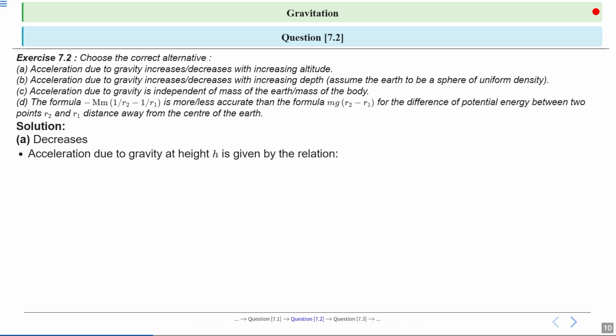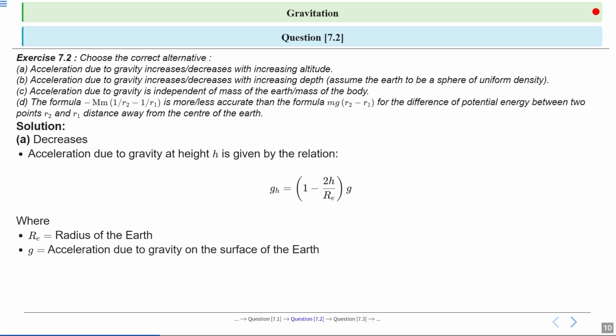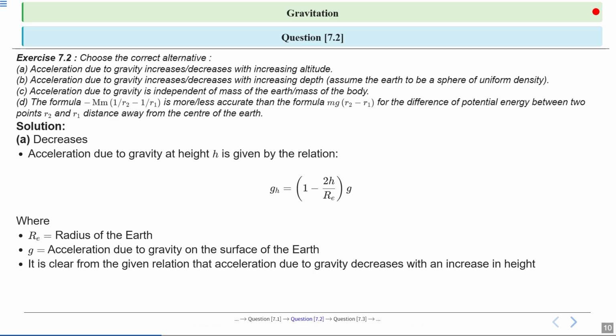Acceleration due to gravity at height h is given by the relation gh = (1 - 2h/Re) g, where Re is the radius of the Earth and g is the acceleration due to gravity on the surface of the Earth. It is clear from the given relation that acceleration due to gravity decreases with an increase in height.